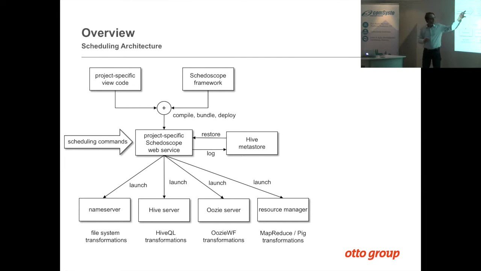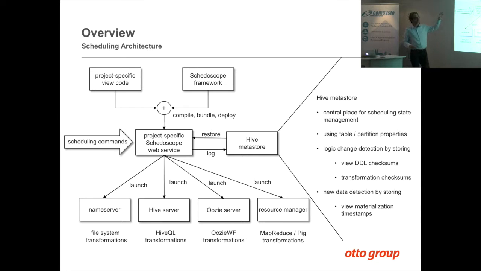And then this web service sends jobs to the name node for file system transformations, to the Hive server for Hive jobs, to the Oozie server for Oozie jobs, and for MapReduce transformations it talks directly to the resource manager. And as I said, the core source of schema is still the Hive metastore. We have one layer on top by using code for the schema, and underneath, we materialize the schema again in the Hive metastore because it's our main source of truth for holding information about the state of views.